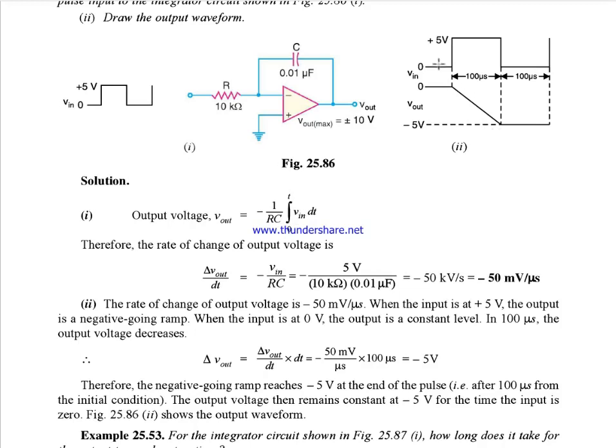So from 0 to 100 microsecond, when the 5 volt input is constant, the output voltage will go to minus 5 volt, but it will be a negative ramp. Clear? After that, V input is 0, so the output will also be 0.